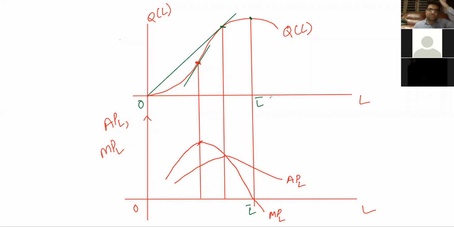So I should definitely not employ more than L bar labor. If I employ more than L bar, I'm actually reducing my production. I'm employing another person and my production is falling. So this is basically the diagram and the information on the correlation between the production function and the average and marginal productivity of labor.